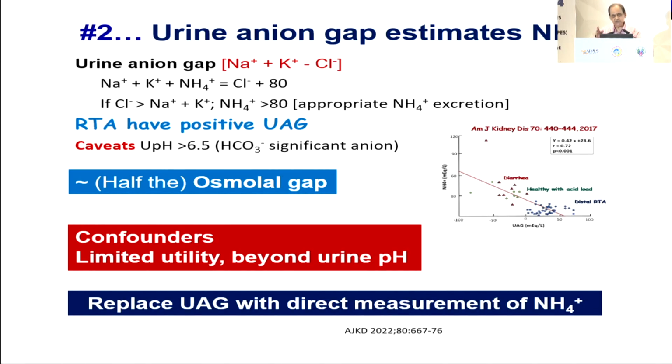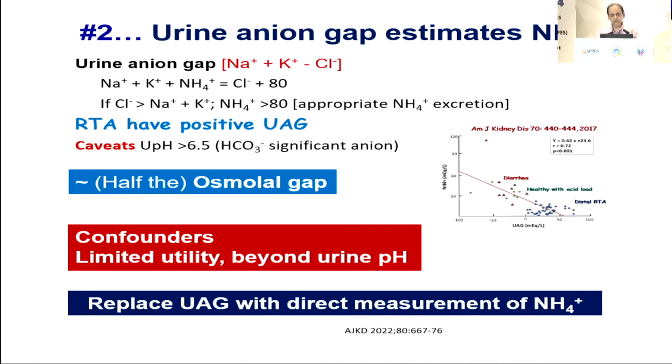This test has been used for a number of years now, but recently, people are doubting the utility of the urine anion gap, to the extent that some experts would say that the urine anion gap does not really add too much over the urine pH, although they are testing two different things. They're not testing the same thing. It also depends a lot on the diet that you are taking. So whether it's a plant-based diet versus an animal diet, the anion gap may vary.